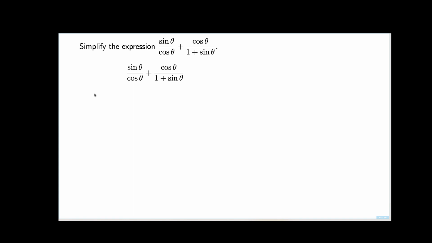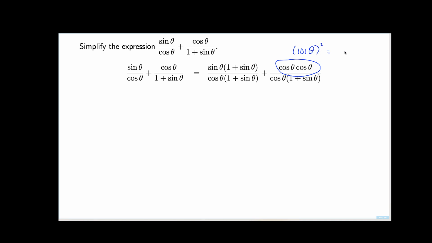So we need to multiply the first expression by 1 plus sine theta over 1 plus sine theta, and the second by cosine theta over cosine theta. So we go ahead and do that. And next, what we'll notice, when we write, for example, cosine theta times cosine theta, what this means is cosine theta all squared.